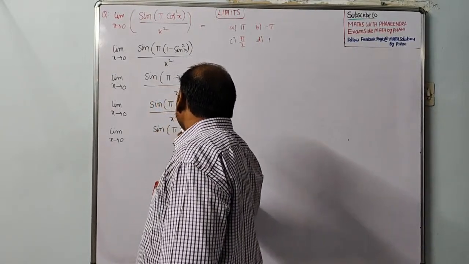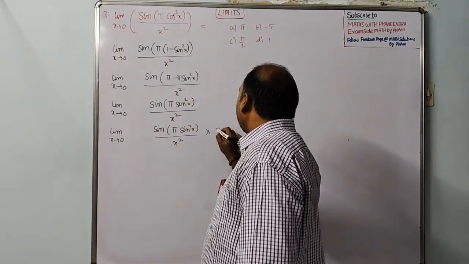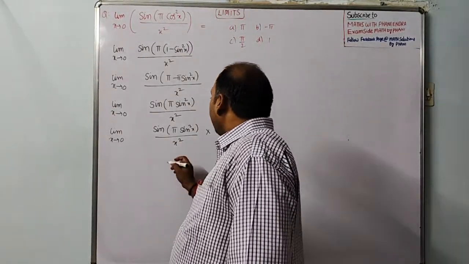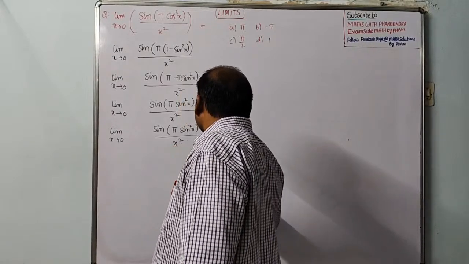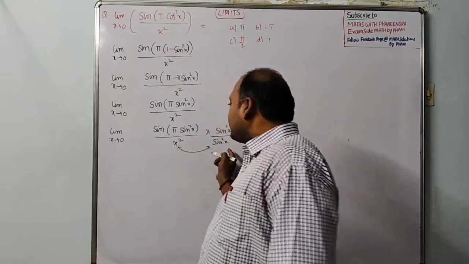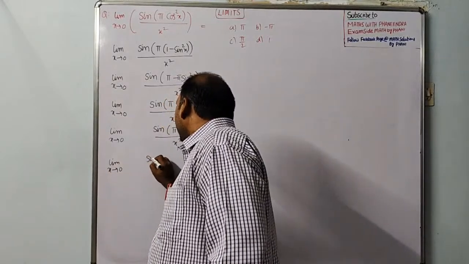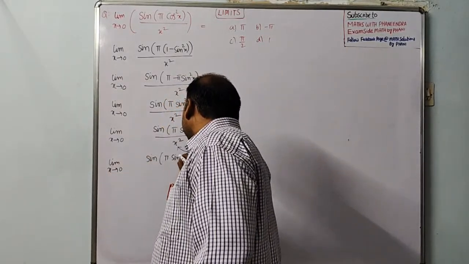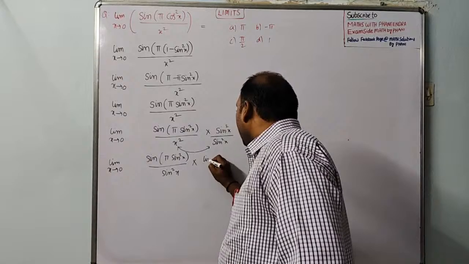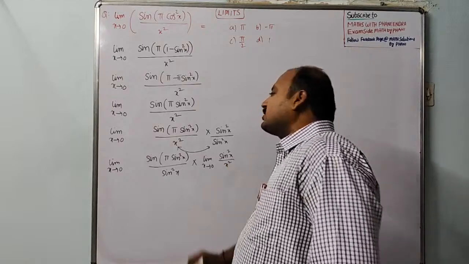Here, multiplying with sine square x and dividing with sine square x, the places will be interchanged. Limit x tends to 0, sine of pi sine square x divided by sine square x, into limit x tends to 0, sine square x divided by x square.